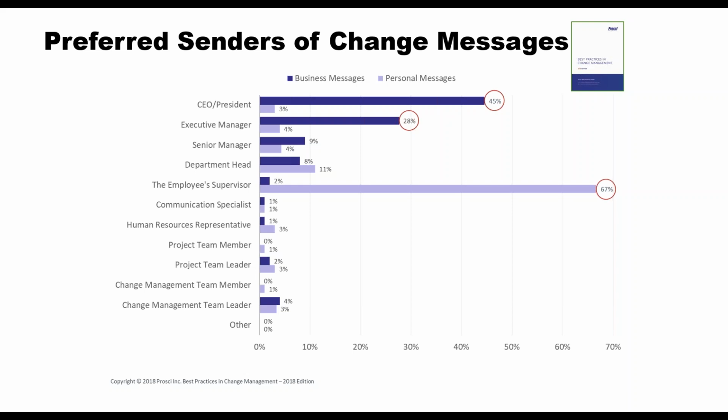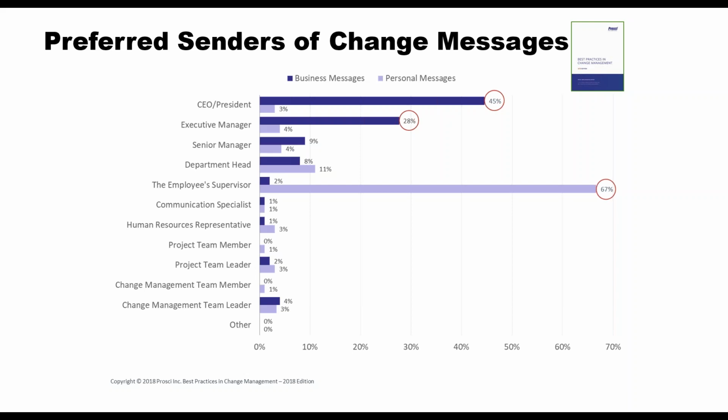So one of the things, if this is you or if you work at an org where you are undergoing change, what we see consistently is that staff and employees prefer to receive messages regarding organizational vision, the business overall, from leadership, executive managers, a CEO or a president, an executive director.